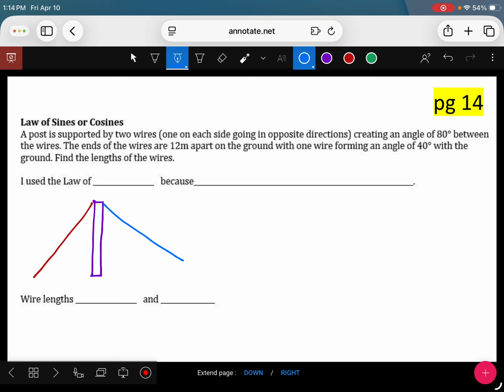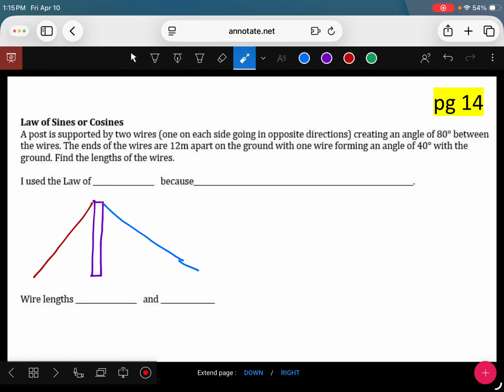Okay, so that little purple box is my post. We have a post, and that post has two wires attached to it, going in opposite directions. It tells us that it creates an 80-degree angle between the wires.